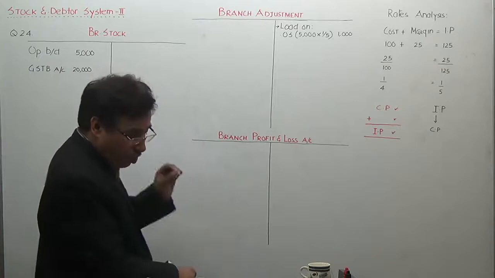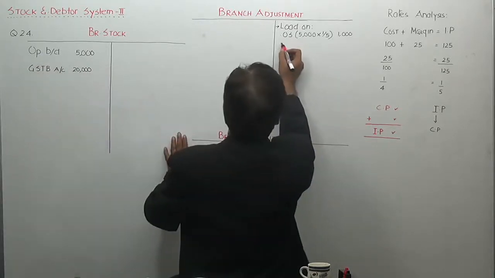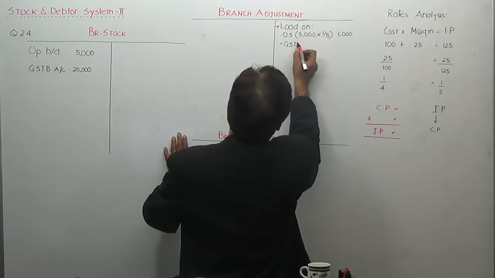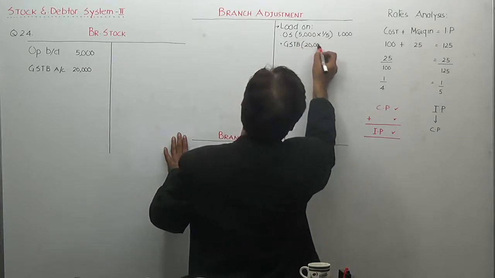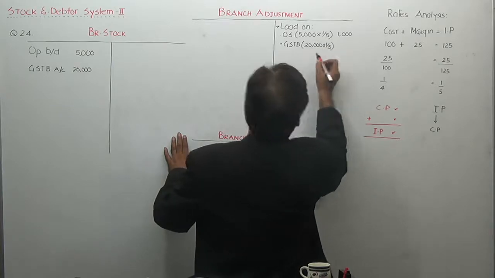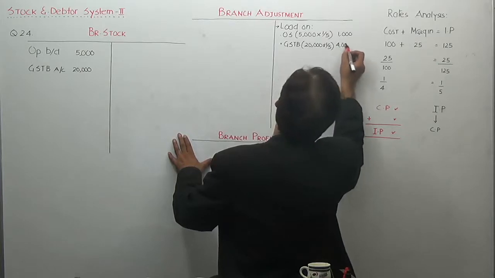Correct? Goods sent to branch is 20,000. We move over to the credit side of the branch adjustment account and write load on goods sent to branch, 20,000. You will multiply it by 1/5 and then you will get 4,000. Is it clear to you? That is 4,000.